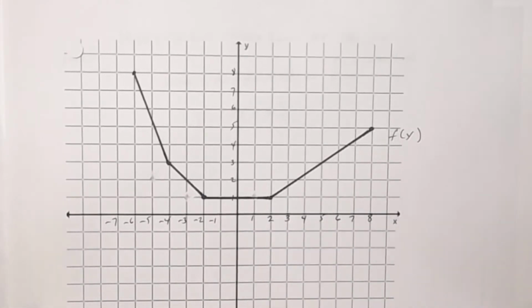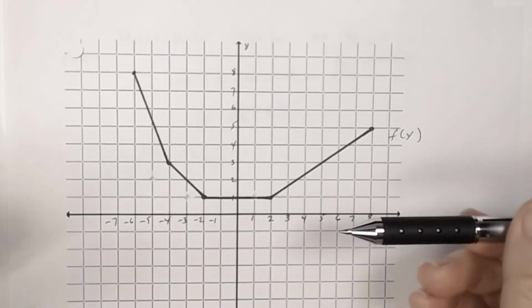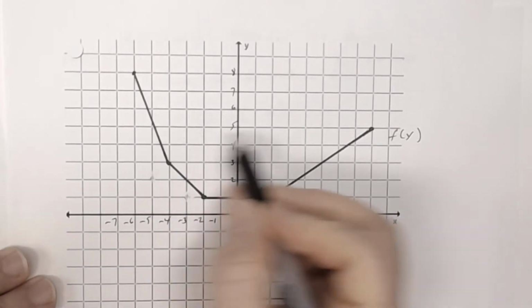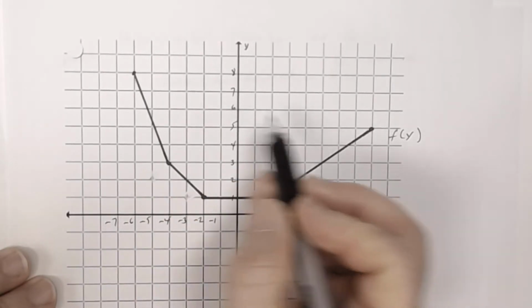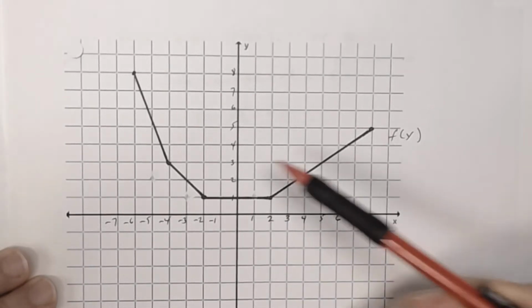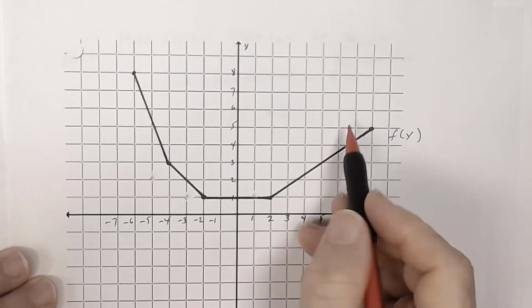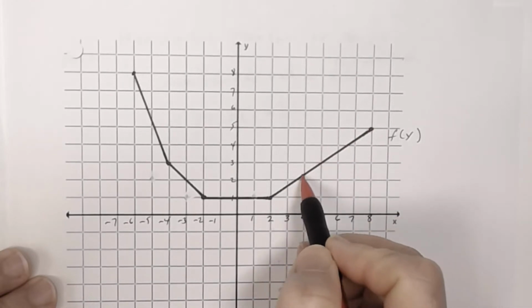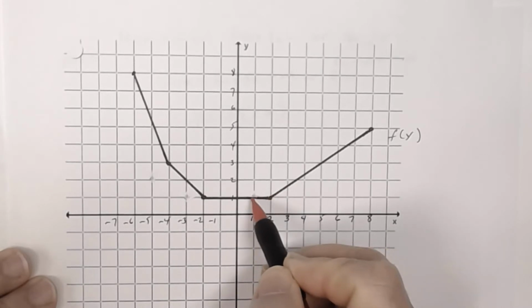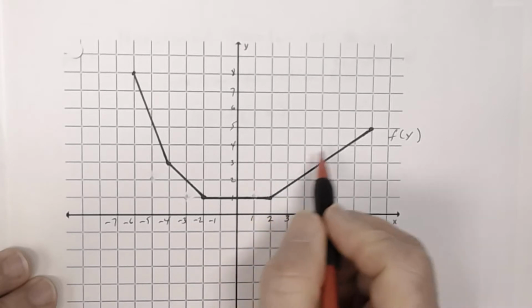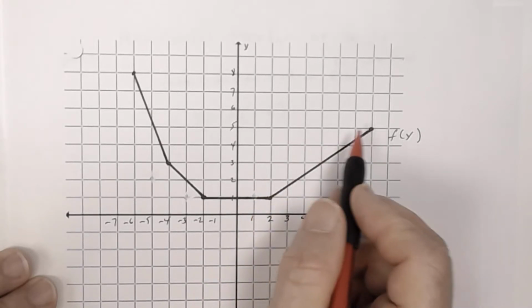So if I were to horizontally shrink, now remember, horizontal means going left and right, just like this. If I'm going to horizontally shrink this graph, then that means I want to take every point on this graph and move it towards the y-axis.